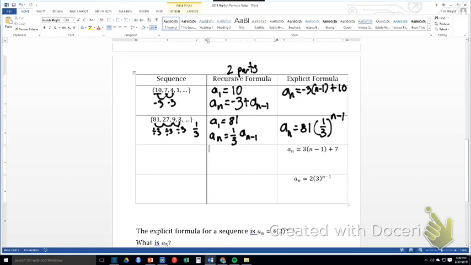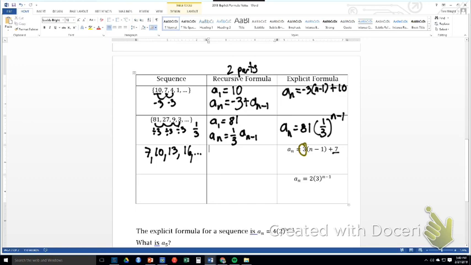All right, we got 2 more. So an equals 3 parentheses n minus 1 plus 7. Well, we know 7 is my first number, so my sequence is going to be 7. Then over here we can see I am just adding 3. So that means my sequence is going to be 7, 10, 13, and finally 16, dot, dot, dot, because it keeps going.